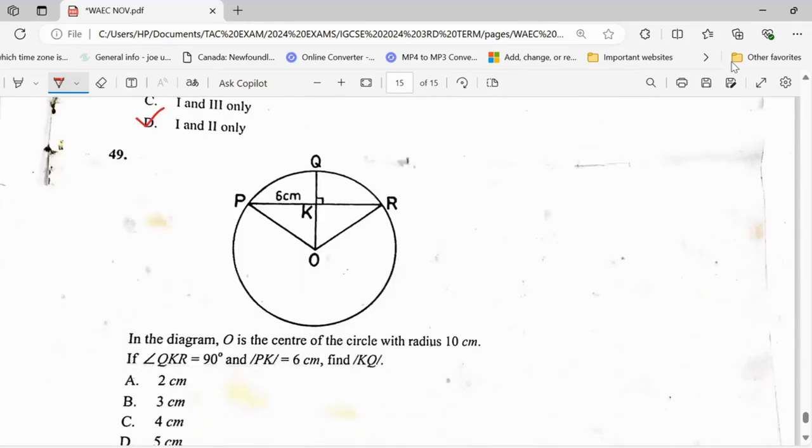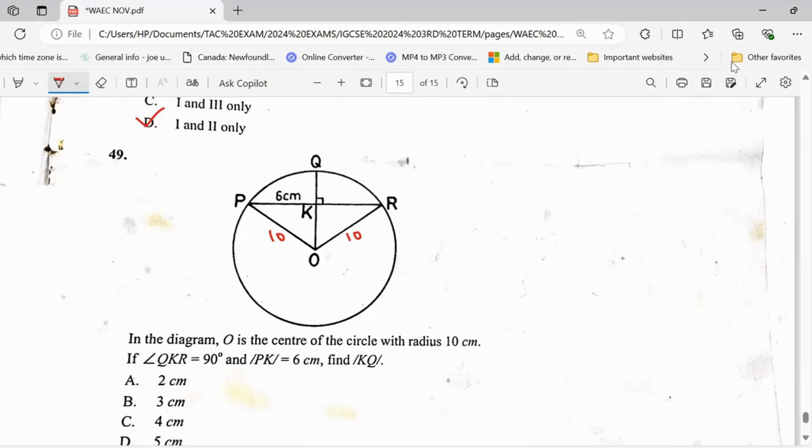We move on to question number 49. In the diagram, O is the center of the circle with radius 10. Of course, so this is 10. This is 10. Then if angle QKR is 90 degrees and PK is 6, find KQ.